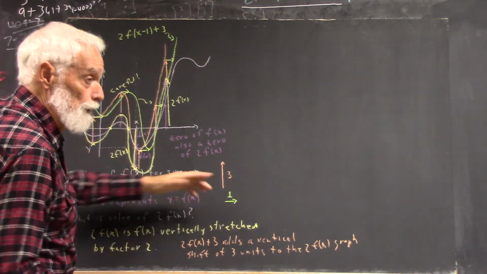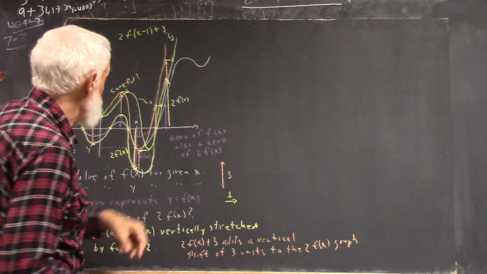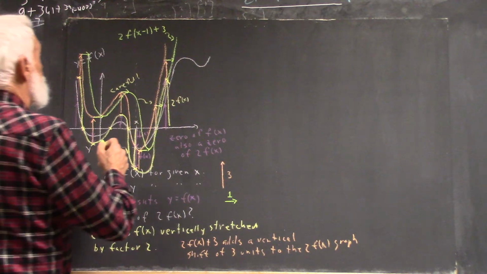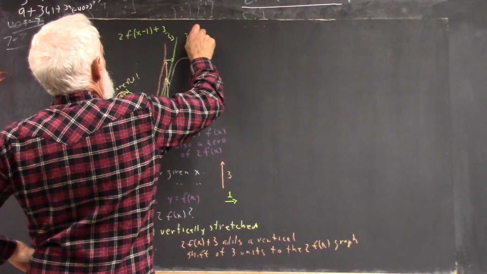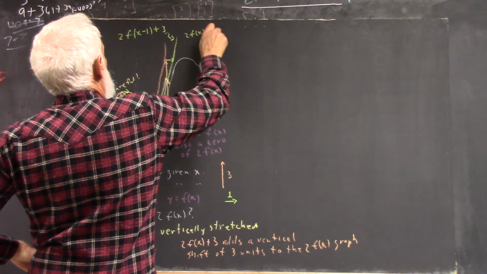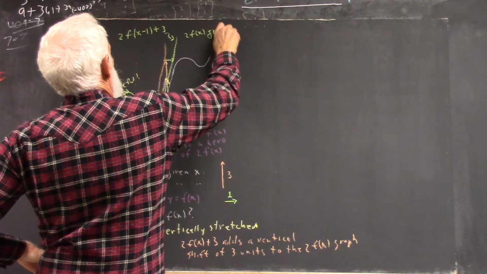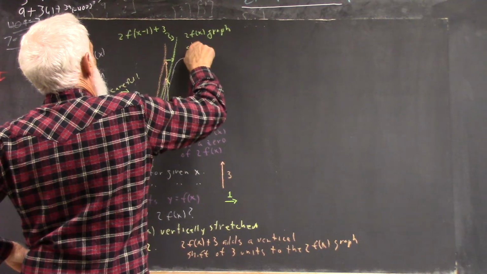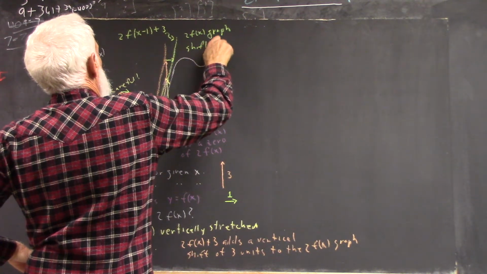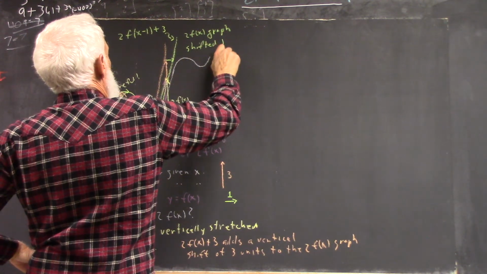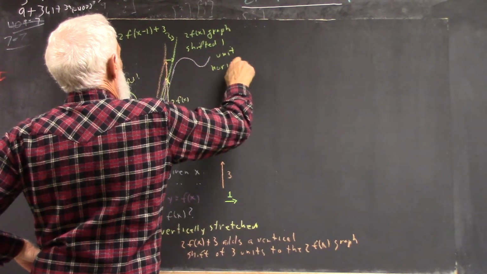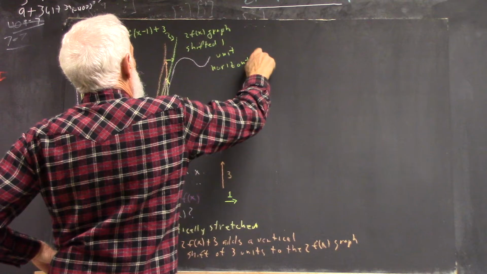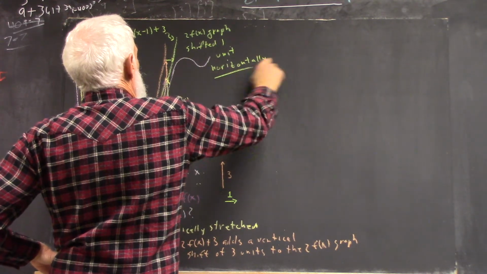We call this a horizontal shift, horizontal, vertical. Okay? This is then the 2f(x) graph shifted 1 unit horizontally.